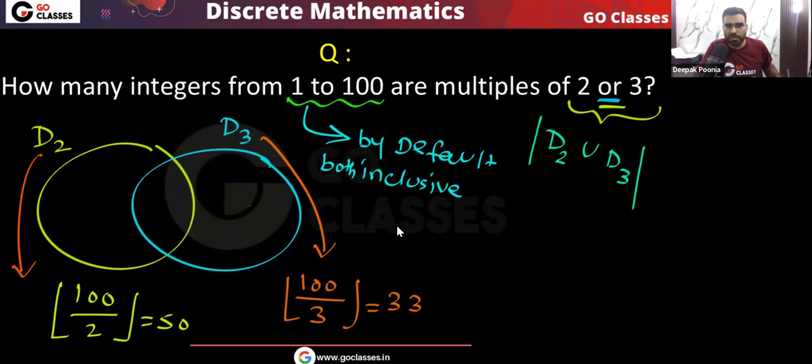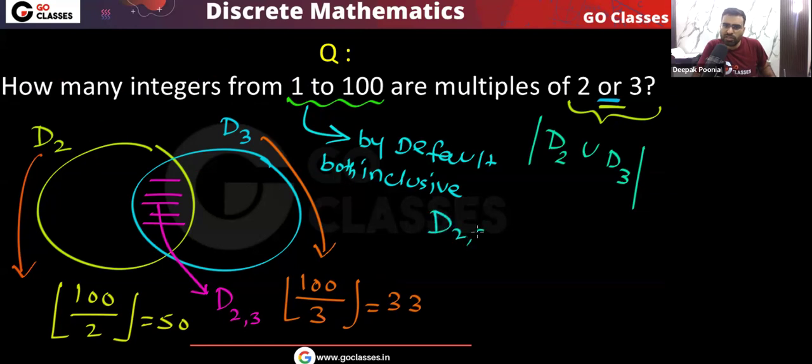But remember, we also have to find the common elements, meaning how many numbers from 1 to 100 are divisible by 2 as well as 3. This intersection, let me call it D2,3. These are divisible by 2 and 3.